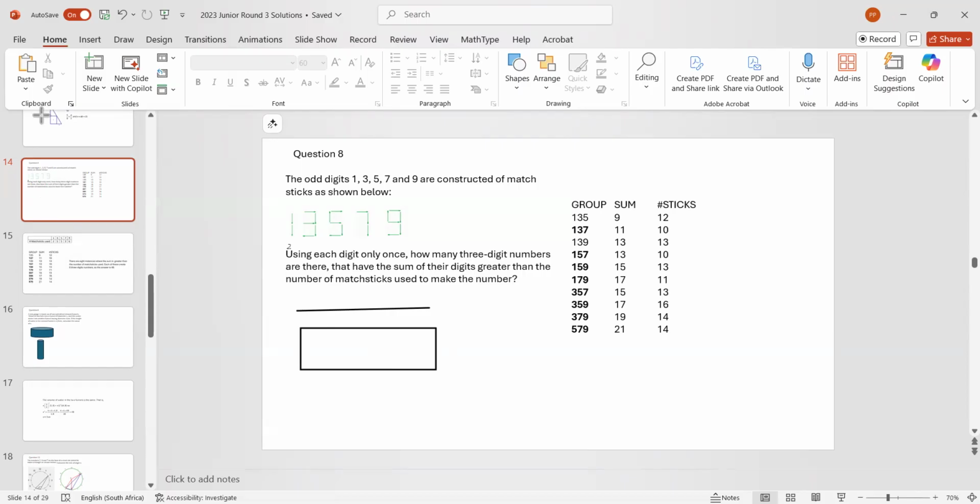So what I'm going to do is count the number of matchsticks for each of these numbers. So I'm going to write down these 5 numbers, and count how many matchsticks there are for each number.